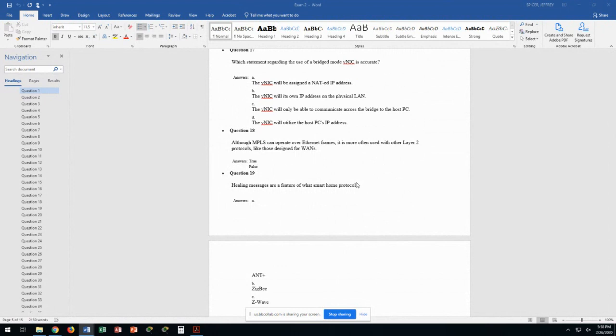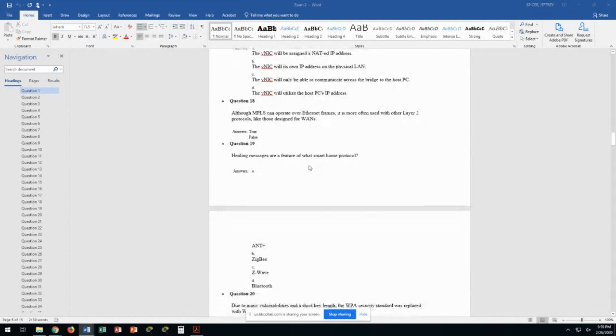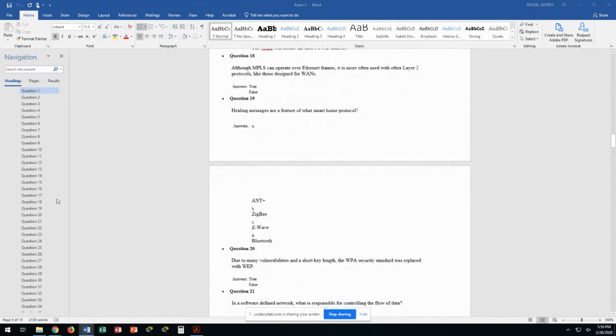It's missing the word have: will have its own IP address on the physical LAN. So technically there is no answer to this question because B is correct-ish, but it's not entirely accurate. So it is B, though. I'm sorry, I had to play with that. I noticed that. I was just like, that's just wrong.